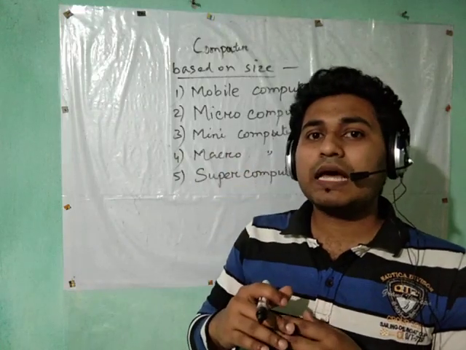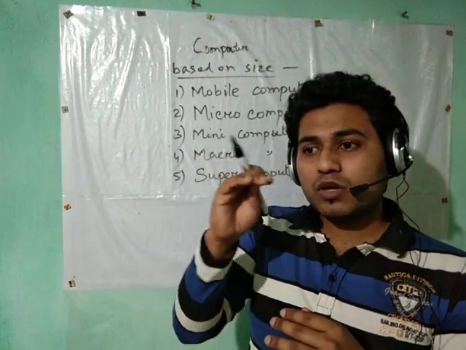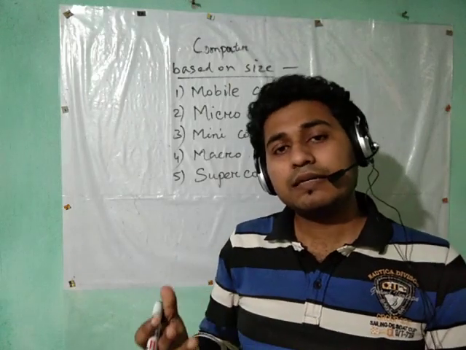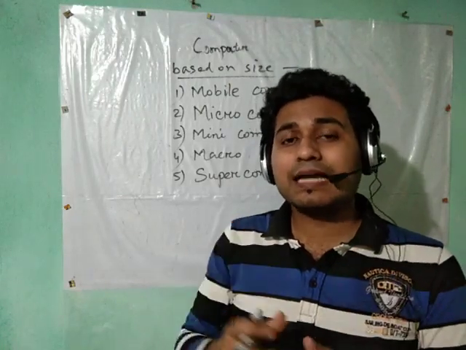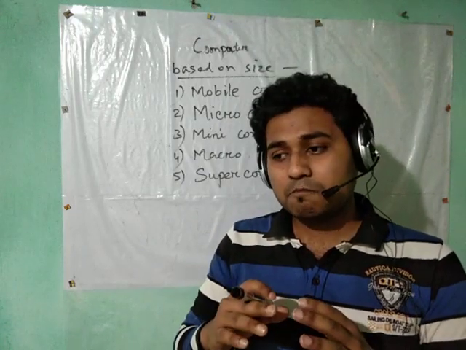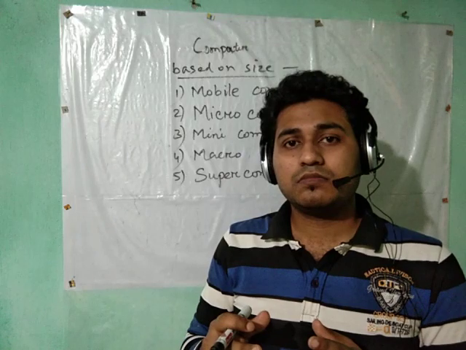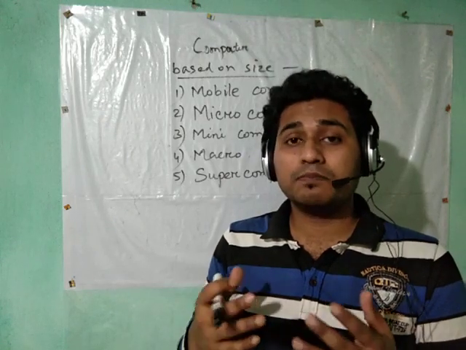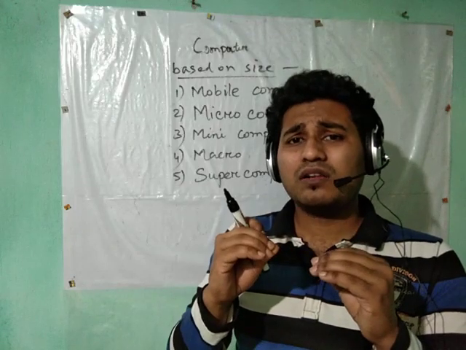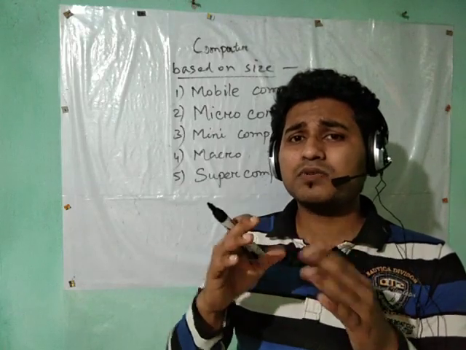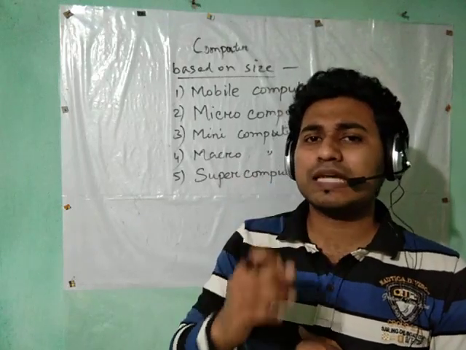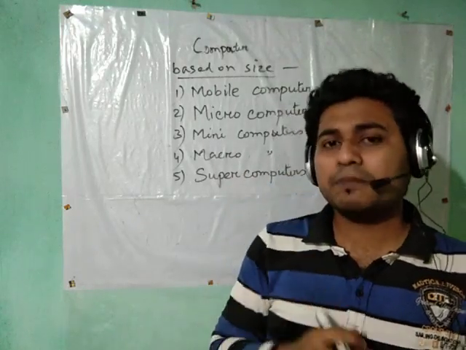Evolution-wise, what happened? They became smaller because ICs were developed, which helped the scientists or developers to develop new types of computers and make the computers smaller. Understood? Manufacturers use those techniques to minimize their size.